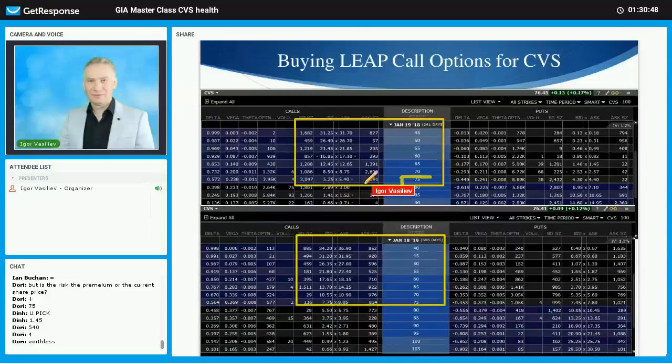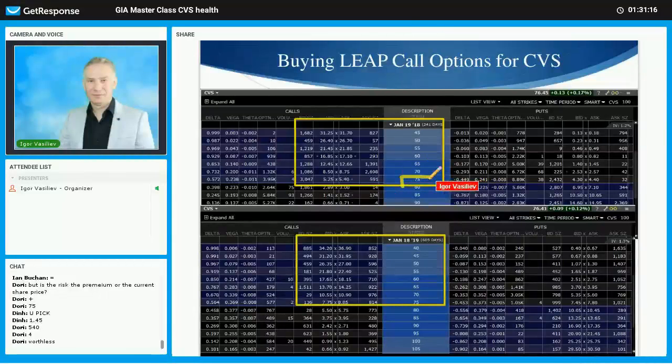That's why I never put all the money in this case, because who knows what can happen. Anything can happen in the stock market. If you put all the money in this one trade and then the share price dips below 75, this money will be gone, and then you will have to put another amount of money in your portfolio.